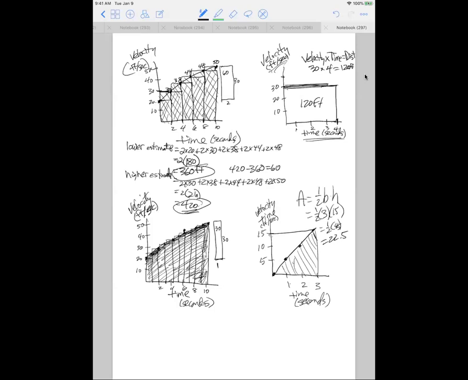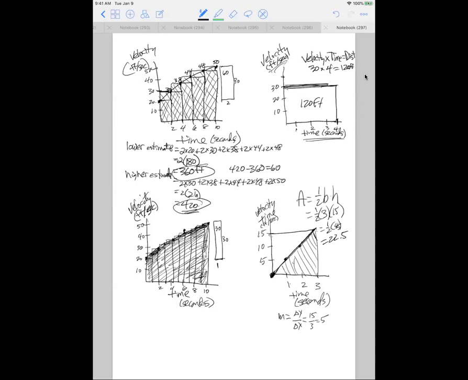All right. And if you have the calculation capability on your calculator, what is this function? It's a line going from 0 to 3, and it goes from 0 to 15. So the y-intercept is 0, and what's the slope? Slope equals change in y over change in x, which is 15 over 3, which is 5.